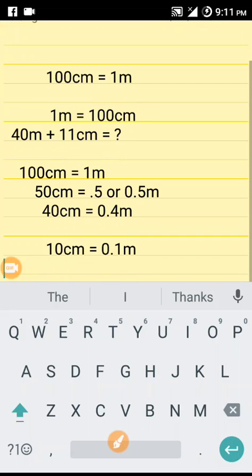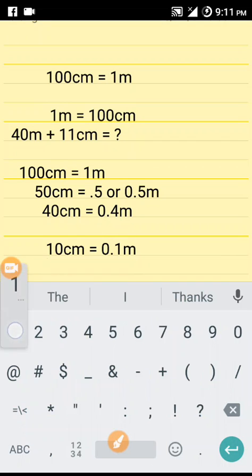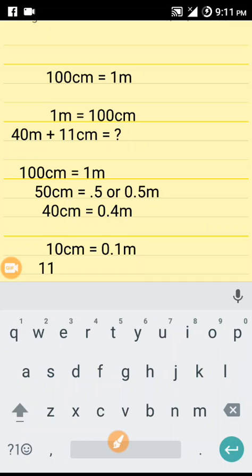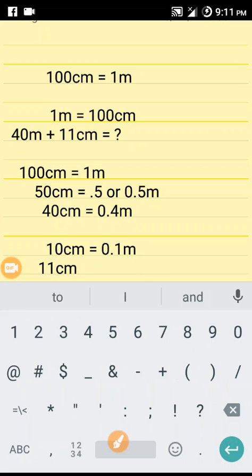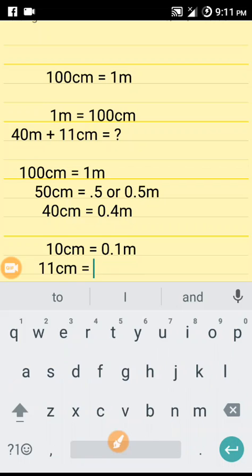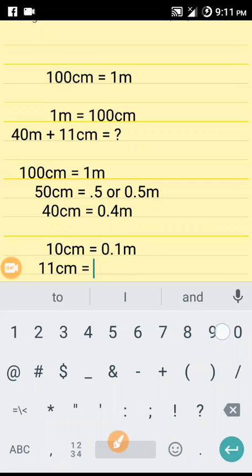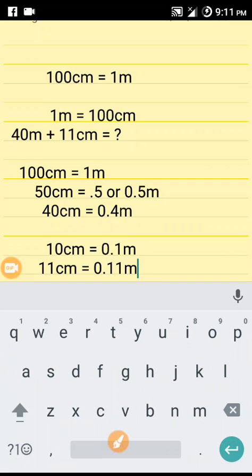Then when we move a step further, 11 centimeters gives us what? 0.11 meters.